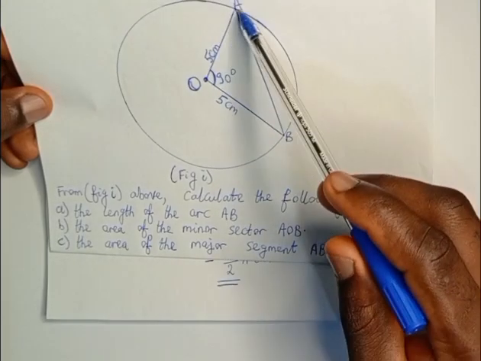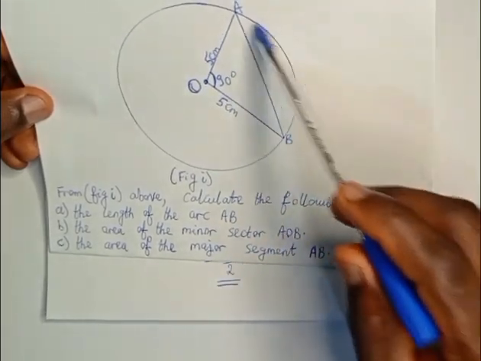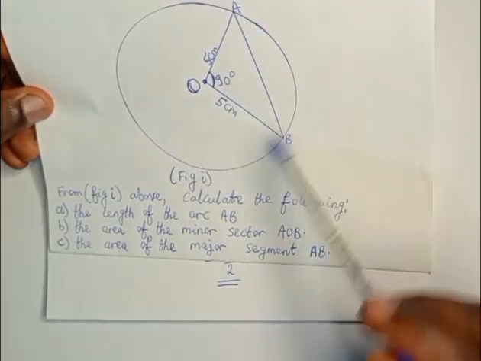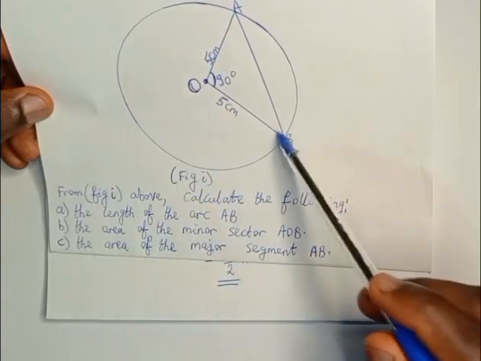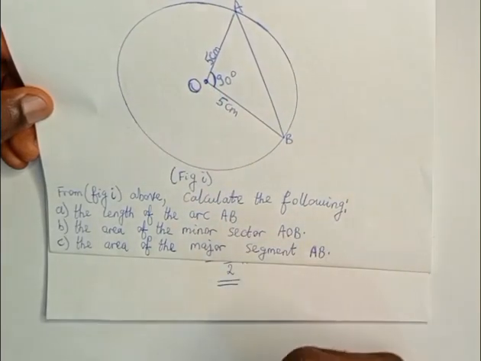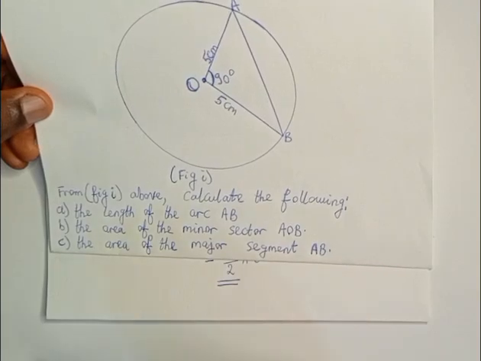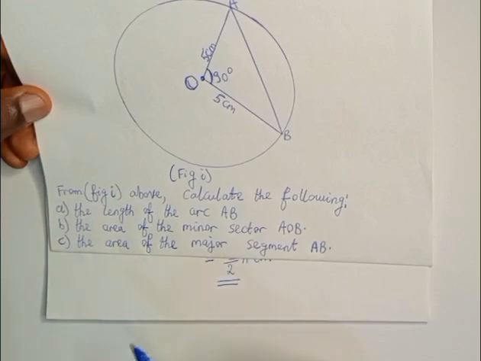Looking at this AOB, this portion like this, you can see these are the 2 radii and this is the arc. This other portion is the major sector. So you take note of the difference of minor sector and major sector.